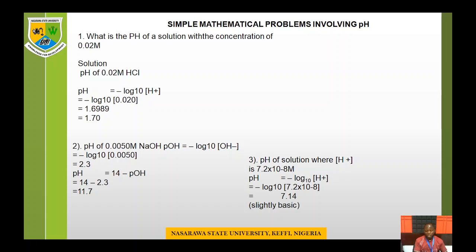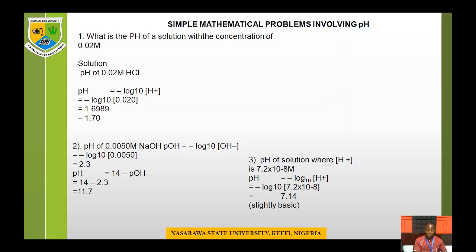Then number 3, you are to determine the pH of a solution where the hydrogen ion concentration is 7.2 times 10 raised to the power minus 8. Again, pH equals the negative logarithm to base 10 of hydrogen ion concentration. So replace hydrogen ion concentration with 7.2 times 10 raised to the power minus 8.